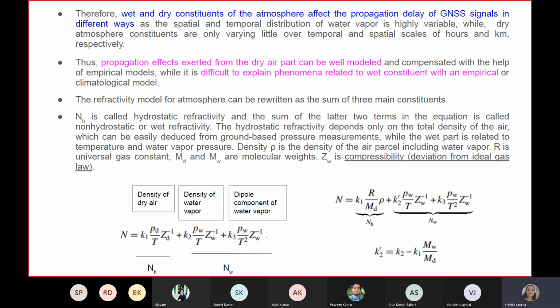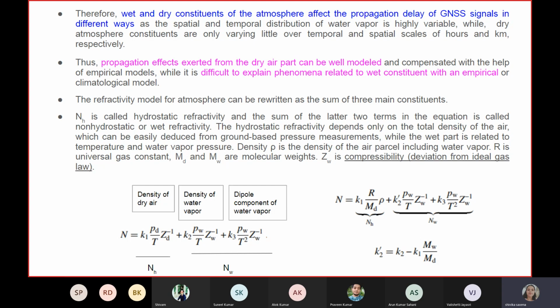Okay, so in the equation below, you can see capital N is composed of three portions, summed up together. The first portion is concerned with dry air. It depends on the density of dry air, so you can see the term rho d written.